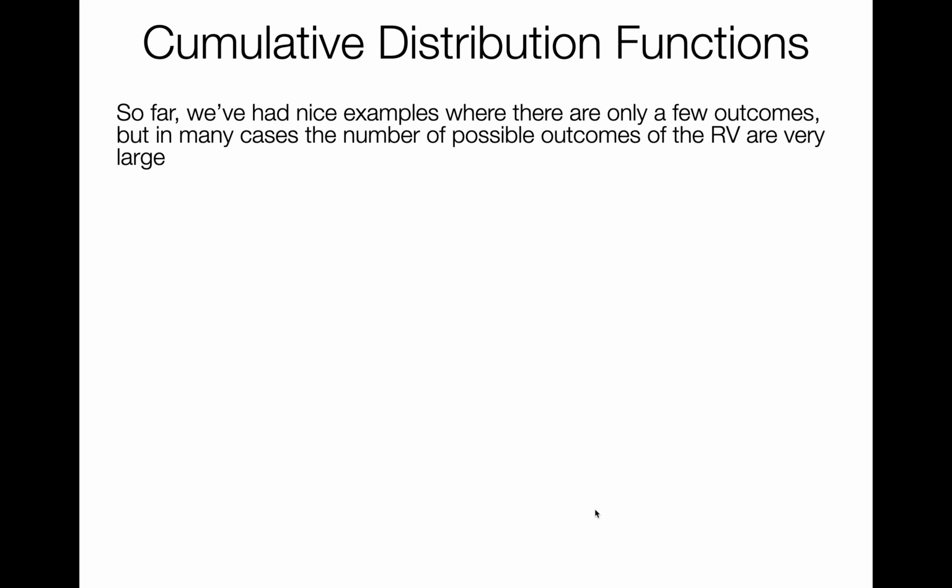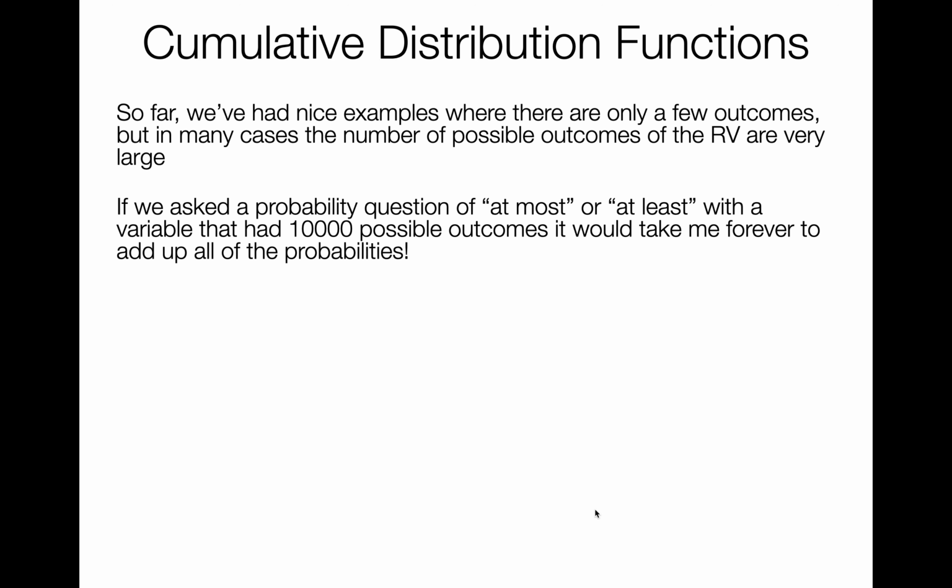So what I'm saying is this is very important, but we'll only see a small use of it. For instance, if we asked a probability question of at most or at least with a variable that had 10,000 possibilities, it would take me a long time to add up all the possibilities.